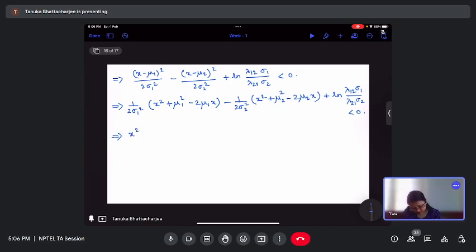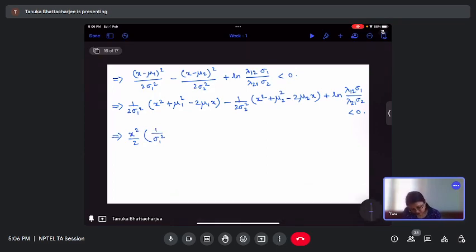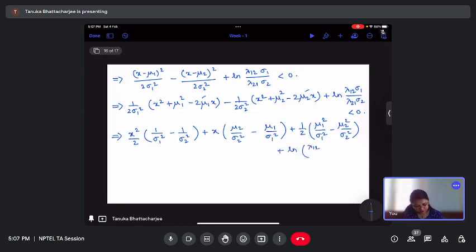You can simplify it like this: you take x square by 2 common, this becomes 1 by sigma 1 square minus 1 by sigma 2 square, plus, if you take x common from these two terms, you get mu 2 by sigma 2 square minus mu 1 by sigma 1 square, plus, finally, you have half of mu 1 square by sigma 1 square minus mu 2 square by sigma 2 square, plus the log term, which is a constant quantity, less than 0.